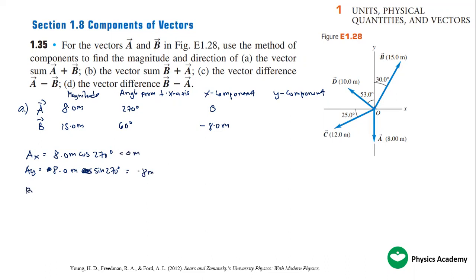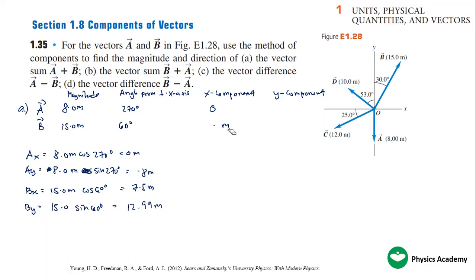So for BX, we have 15.0 meters cosine of 60 degrees. 15 cosine of 60 gives us 7.5 meters. For BY, we have 15.0 sine of 60 degrees. 15 sine of 60 gives us 12.99 meters.